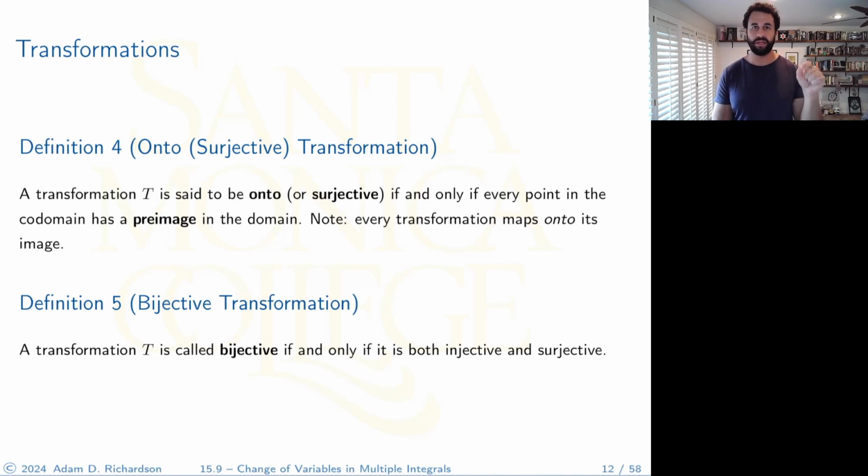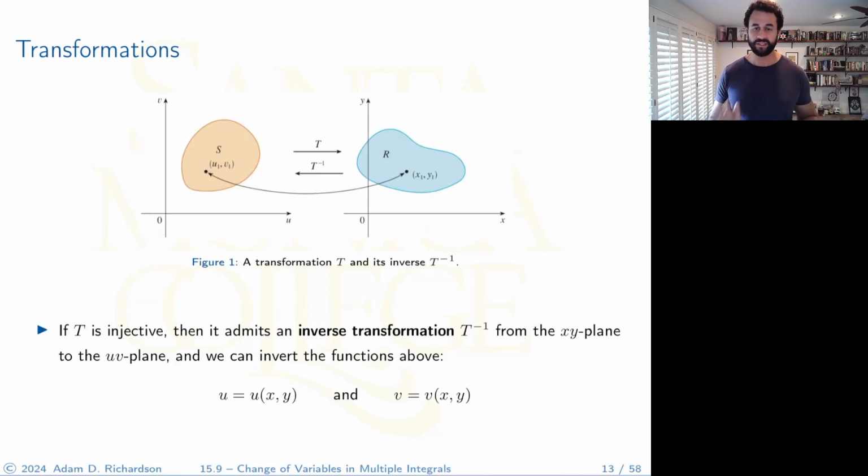That's like picking a point from the range and looking backward, right? Lastly, what is a bijective transformation? A bijective transformation is just one that has both of these properties. It's both injective and surjective. So it's one-to-one and it's onto. That's what bijective means.